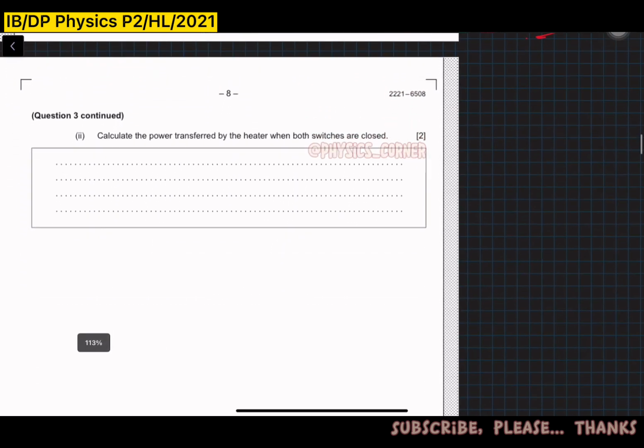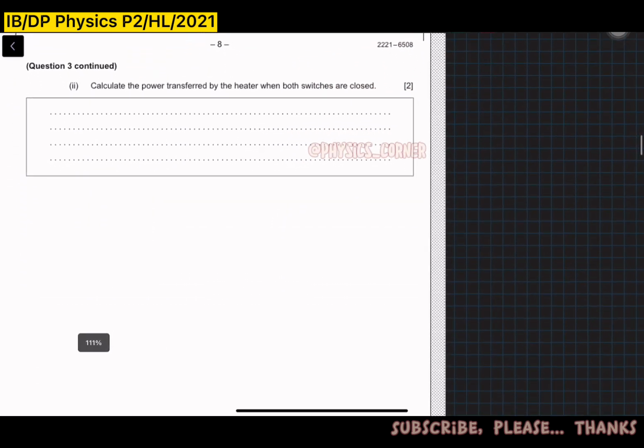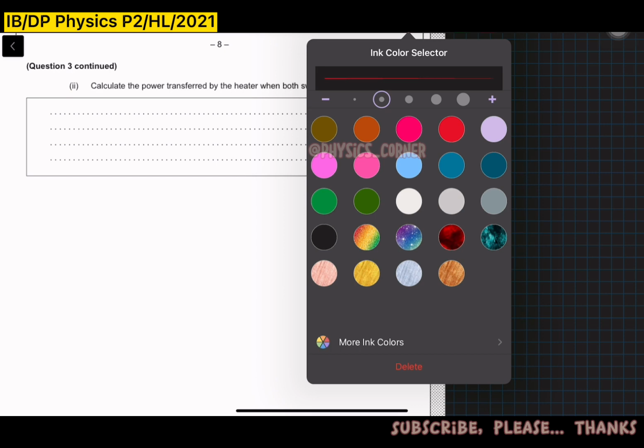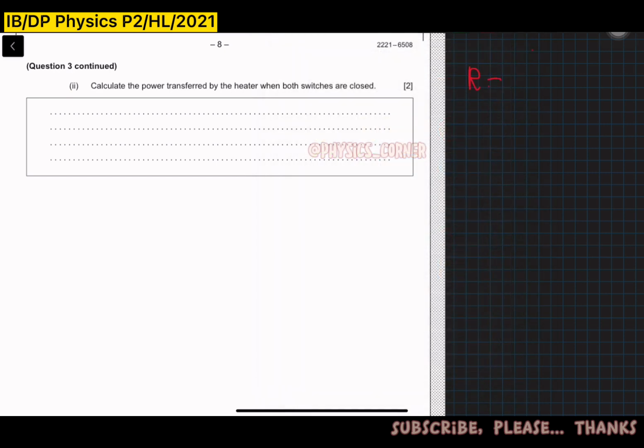One more question in this number: calculate the power transferred by the heater when both switches are closed. We use the formula P equals V squared over R again, but R is the equivalent of 30 and 30 in parallel, which equals 15 ohms.